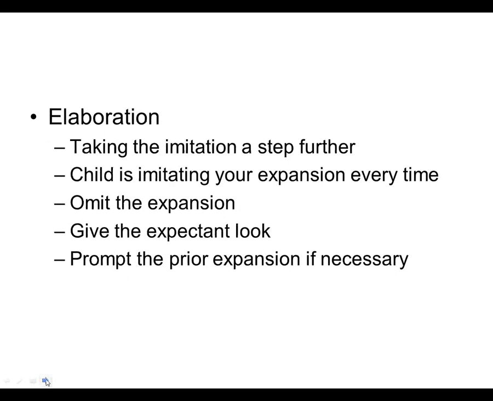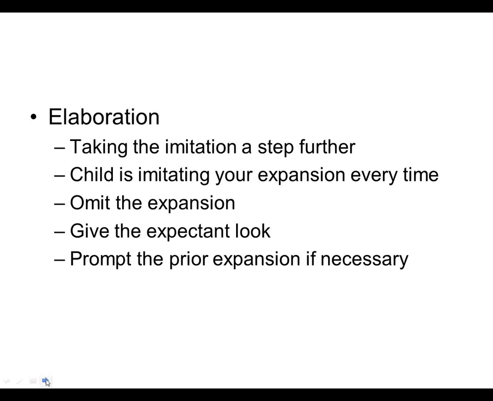Now, that's the expansion, but the elaboration part is different. When you do the expansion initially, you're following the child's lead. You might be setting it up, but you're capturing it, not really initiating it. Your signal to do an expansion is that the child has initiated it.